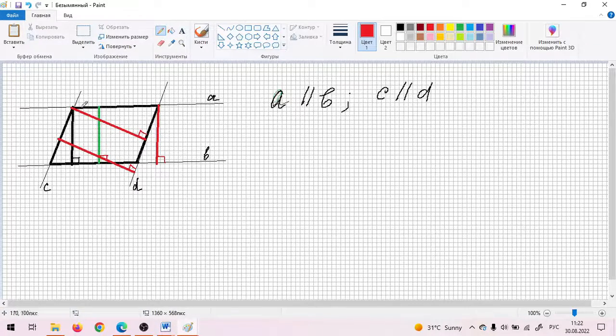All these color lines are heights. They are perpendiculars from the line that contains the side of a parallelogram to the opposite line that contains the opposite side of a parallelogram. Yes.